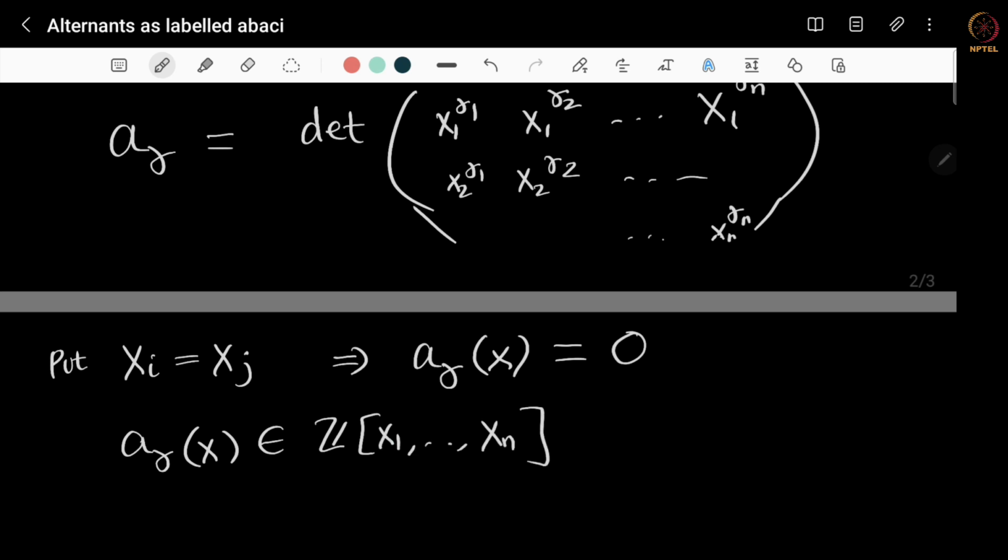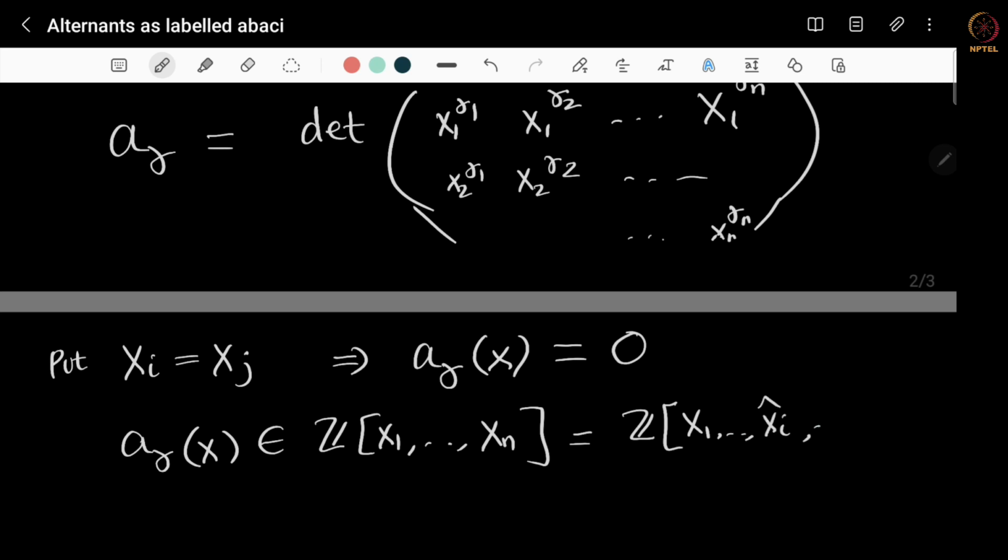And recall that if you put xi equals xj in this, what you conclude is that A gamma of x has two equal rows and therefore the determinant must be 0.